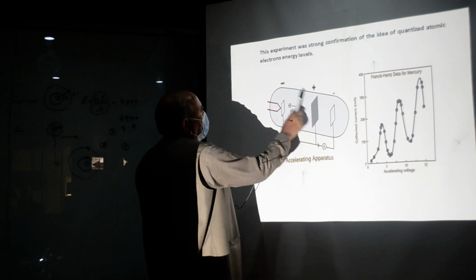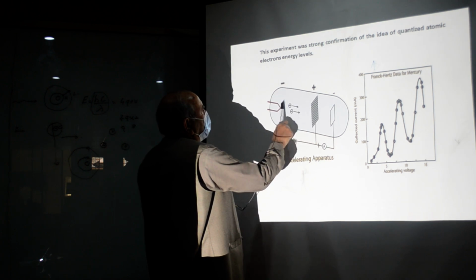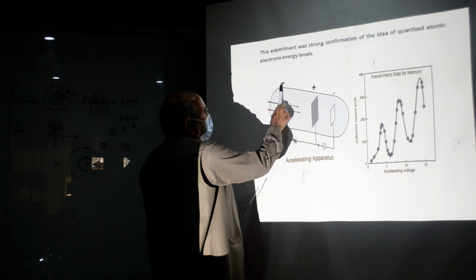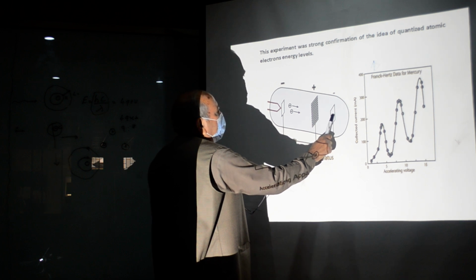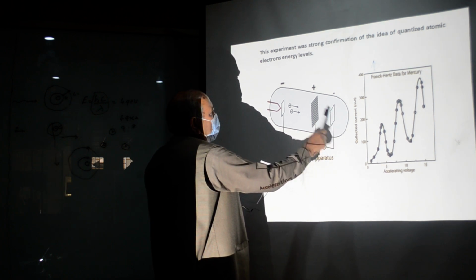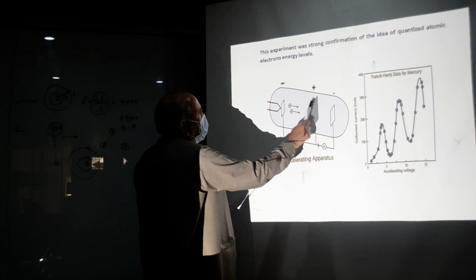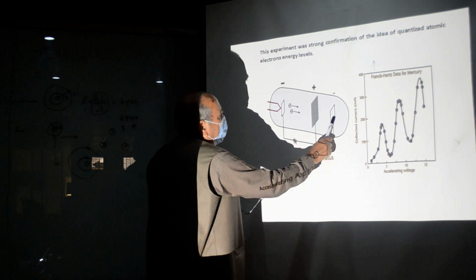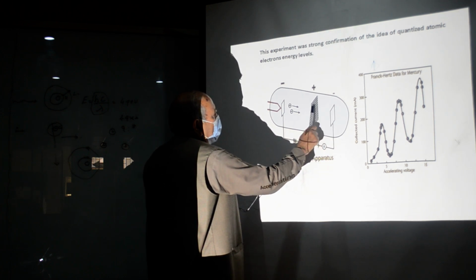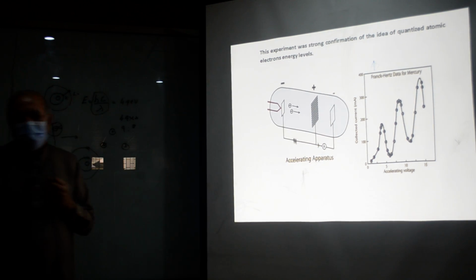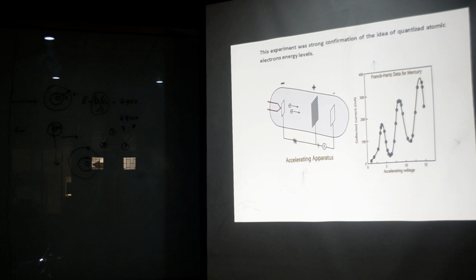For example, if I apply a potential difference of 50 volt, this will be at negative 50 and this will be at positive 50, and then this will be negative 45. So the gap between 45 and 50 will be the reason that electrons reach the collecting plate. This is called the collecting plate.